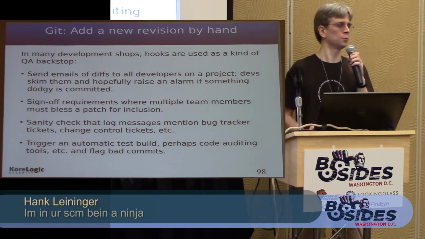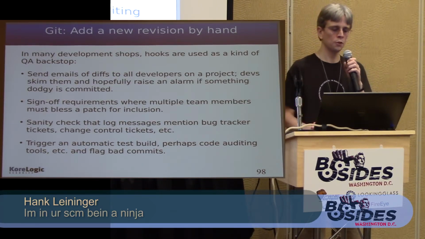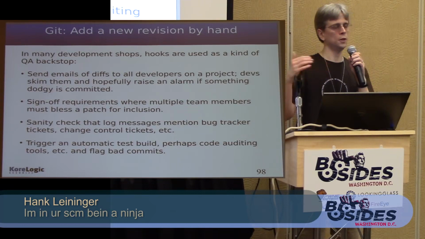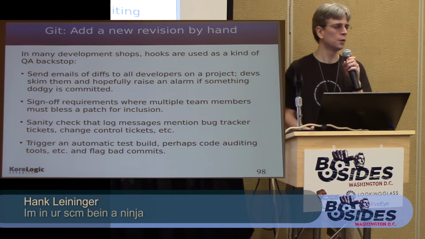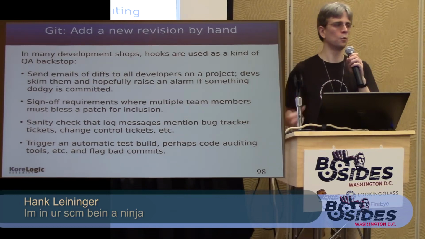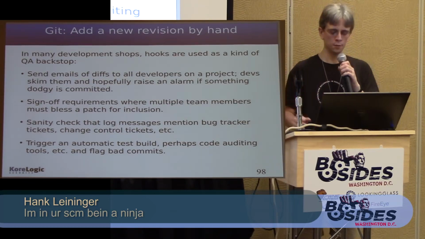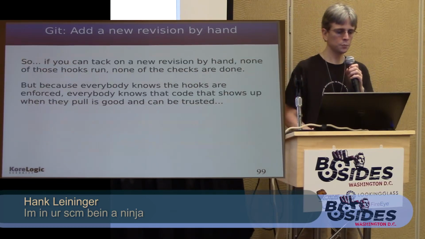Whatever your local policy rules are, they're typically enforced with hooks. So the ability to get code into the repository without those hooks ever firing can be very interesting to the attacker, because the stronger the hooks are, the more the organization depends on the hooks working and being enforced.